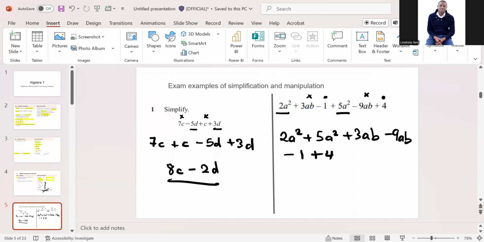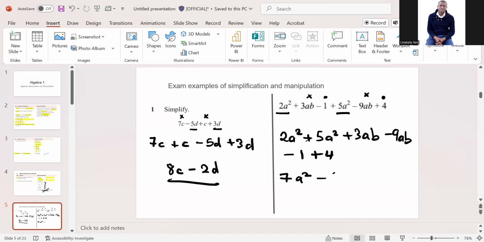Please be careful here. When you are adding algebraic expressions, please don't attempt to add the exponents. The exponents only add when you are multiplying. So 2 plus 5 will give me 7. 7a squared, not 7a to the 4. That's only when you are multiplying. All right, then 3ab minus 9ab. Be careful because you're subtracting 9 from a smaller number, so you obviously expect to get a negative.